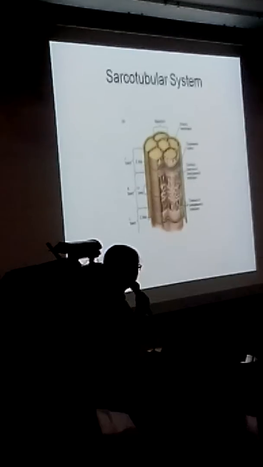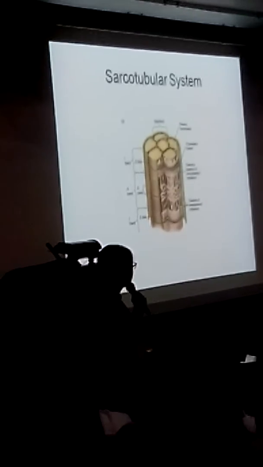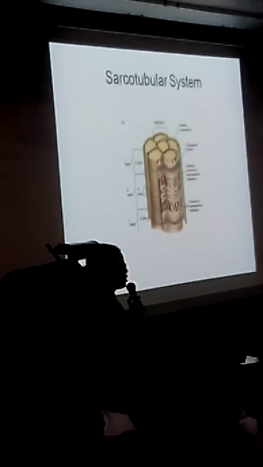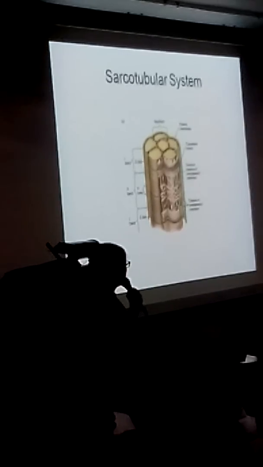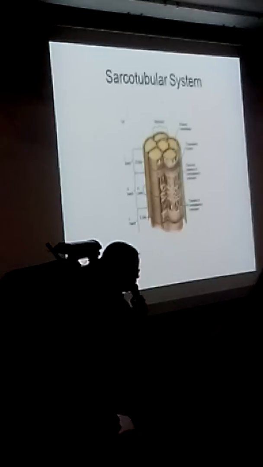After the influx of sodium ions, the change in the voltage of the muscle membrane will be detected by what receptor? Your dihydropyridine receptor, which is connected to the ryanodine receptor of the sarcoplasmic reticulum.